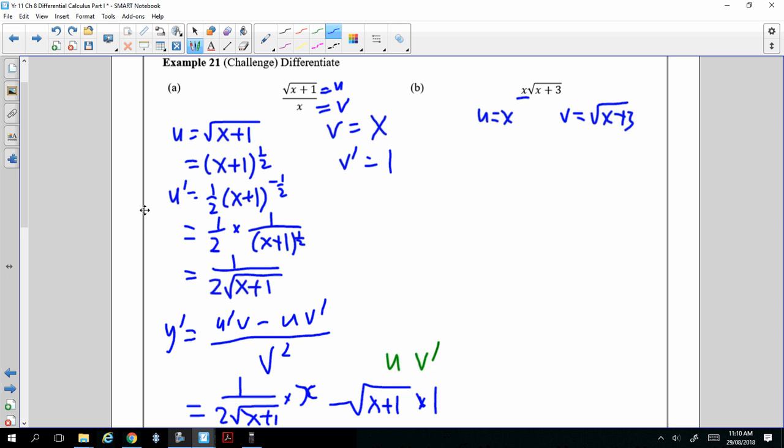Right. UV. Yeah, and in alphabetical order, U comes before V, right? Yeah, that's another way to remember. Alphabetical order.